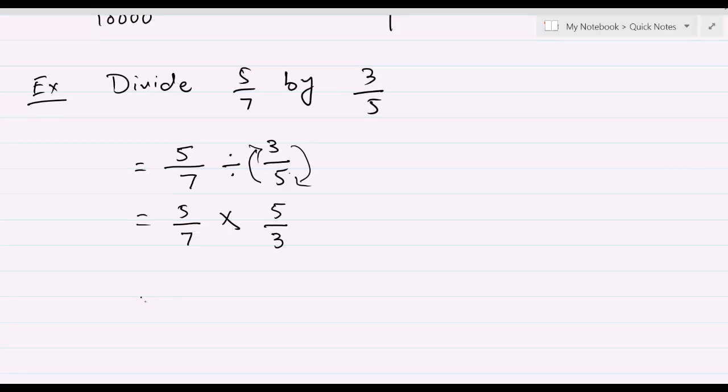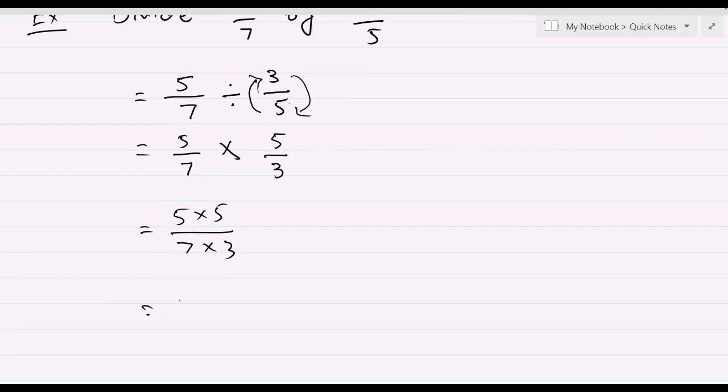And now it is the multiplication of fractions: numerator with numerator and denominator with denominator, 5 times 5 over 7 times 3, and this would become 25 over 21. This again is a simple case of division of one integer by another integer, and if you want, you can perform this division, 25 divided by 21, and I will leave this question for you to continue.